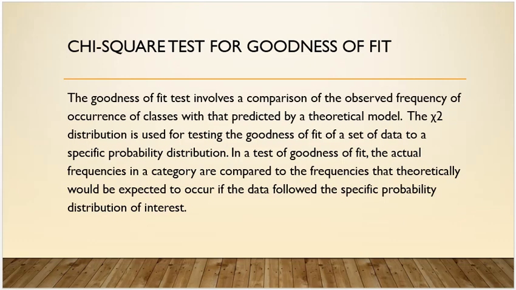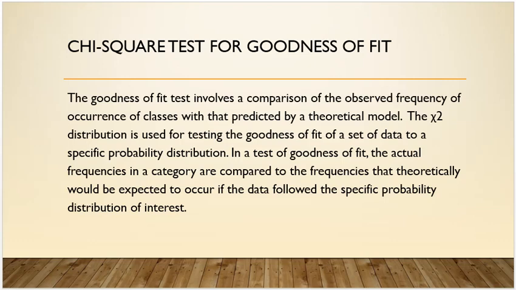Again, what is a goodness of fit test? The test involves a comparison of observed frequencies of the occurrence of classes with the predicted, expected or theoretical frequencies. What we do is first fit the distribution to the data, then find the expected frequency, which we have already done in earlier classes.